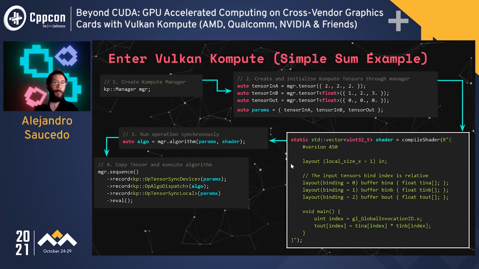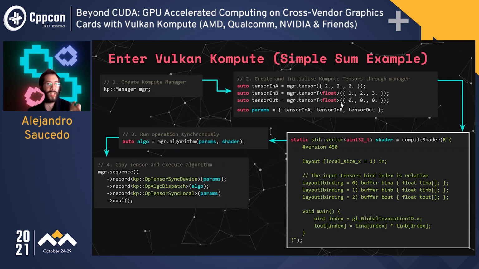If you remember from the more Vulkan SDK specific example, what we would be doing is we would first record the set of commands, or in this case, operations. We are first going to record an operation tensor sync to device, which means that it's going to take this value from our CPU memory, in this case from the RAM, into the GPU memory.